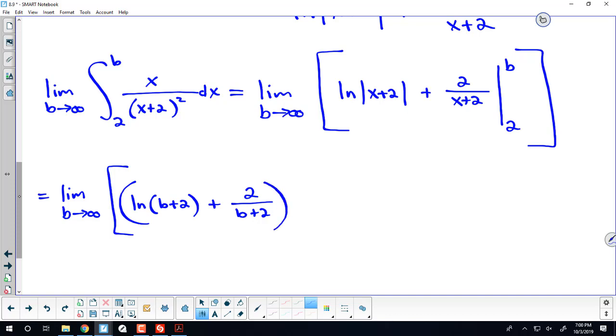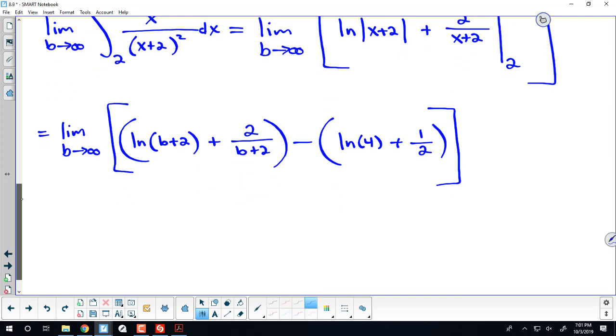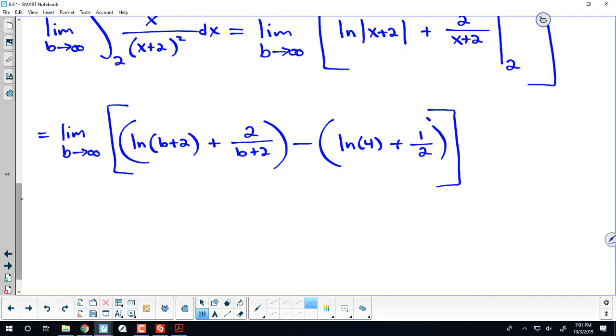There's upper limit minus lower limit: ln of 4 minus 2 over 4. Oh yeah, plus that.